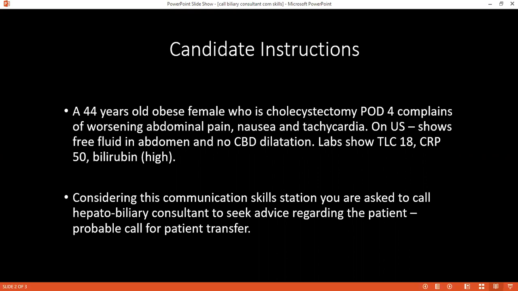Right, if you've read and understood, considering the communication station, kindly begin.